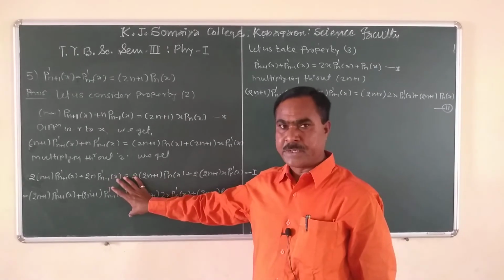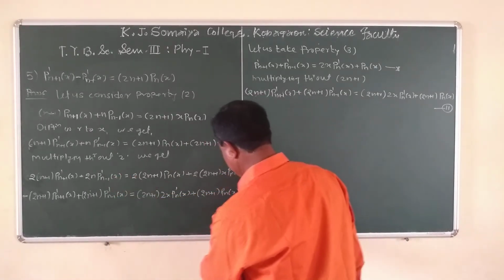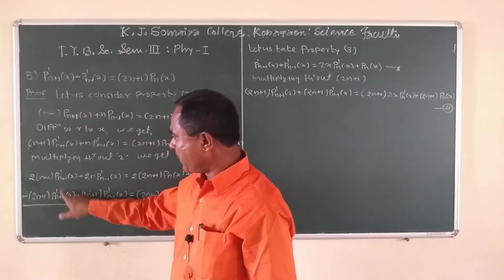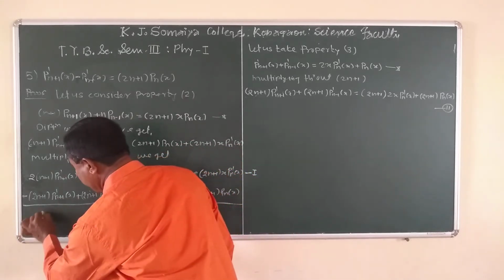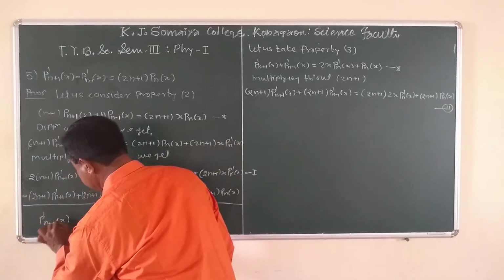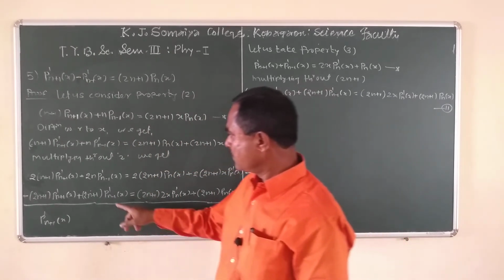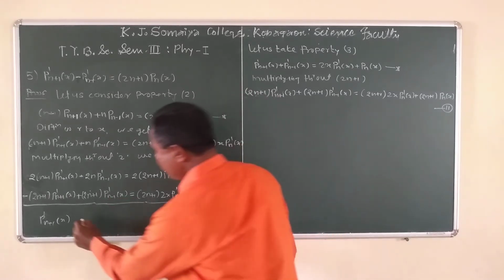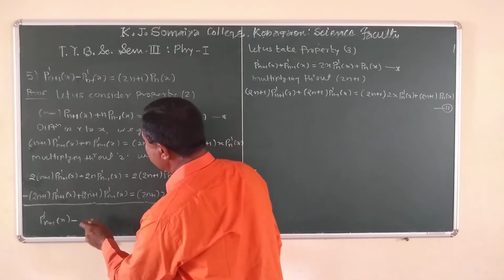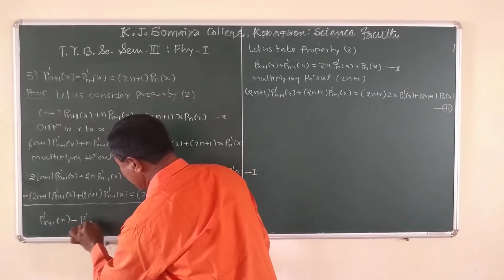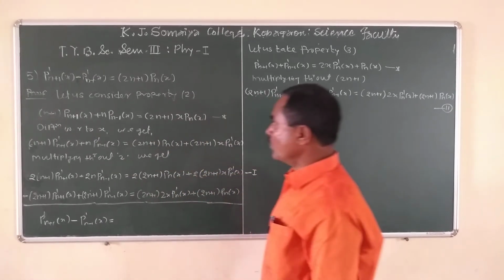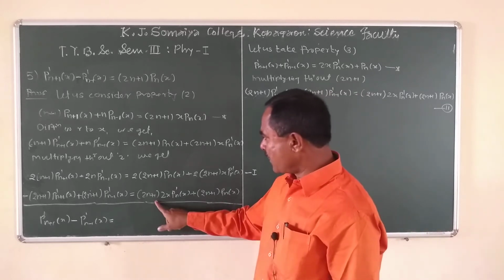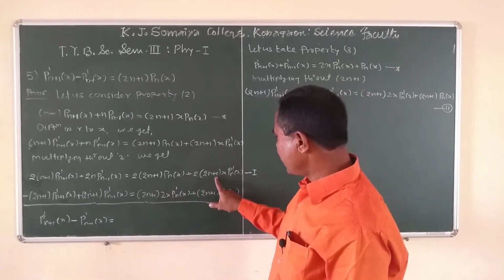Then we do the subtraction, and what do we get? Here the remaining term is only P'_{n+1}(x), and here we write the minus sign, and P'_{n−1}(x) = (2n+1) P_n(x), because this term and this term get cancelled.